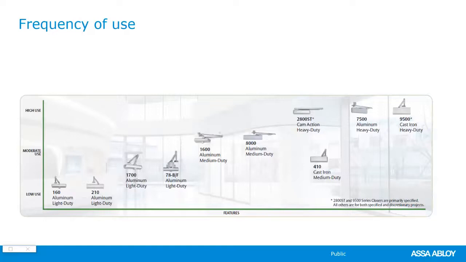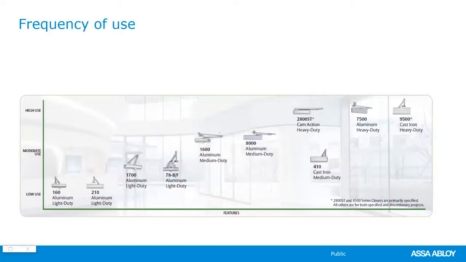We have so many different models within each brand, and Norton does a good job of giving these charts talking about frequency of use and features, right? Obviously, the more features and the more durable the door closer, the more it's going to cost. That's just kind of the way it works.